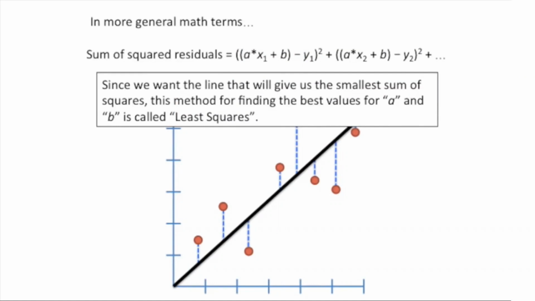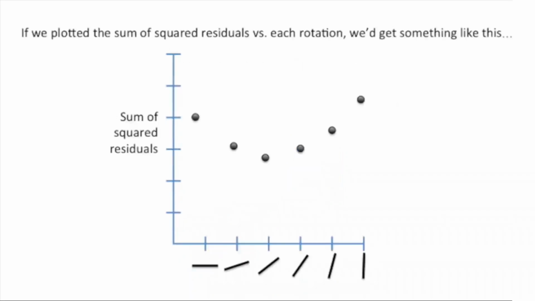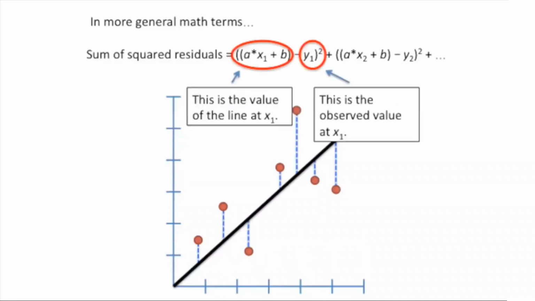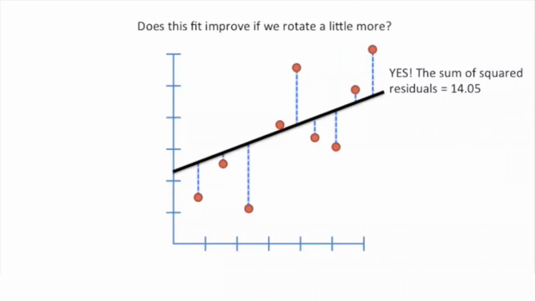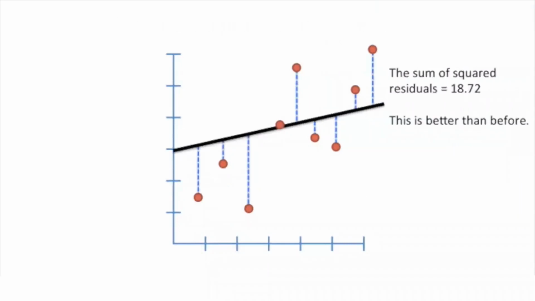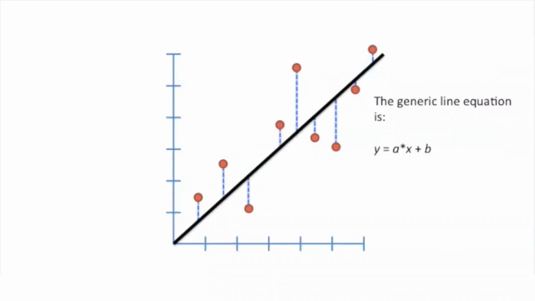Obviously, we can now understand why it is called least square, because we want the minimum value of the sum of squares of the differences between the predicted and the observed value. Now we have these numbers: 31.71, 14.05, 18.72, right?